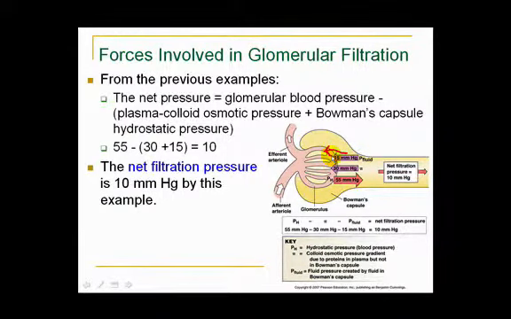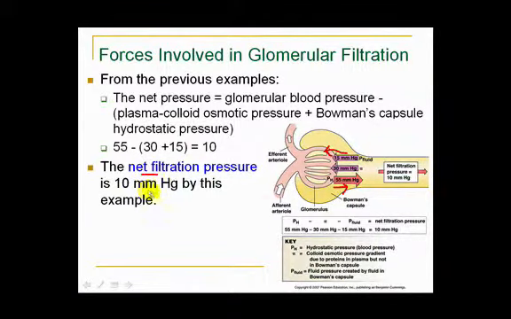So who wins? Well, 55 minus 45 is 10. So the hydrostatic pressure of the glomerulus is still 10 more millimeters of mercury. So it wins. So the net filtration pressure is still pushing fluid out of the blood and into the capsule. So that's what we call the net filtration pressure. It's about 10 millimeters of mercury.